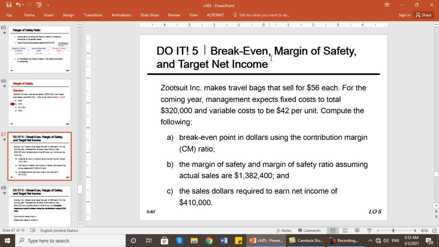Break-even, margin of safety and target net income: it is easy. This is a very important exercise. You can meet this exercise in quizzes, in the midterm, and in the final exam. It's suitable for the midterm exam and final exam.